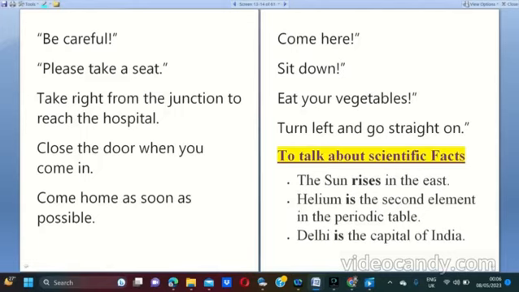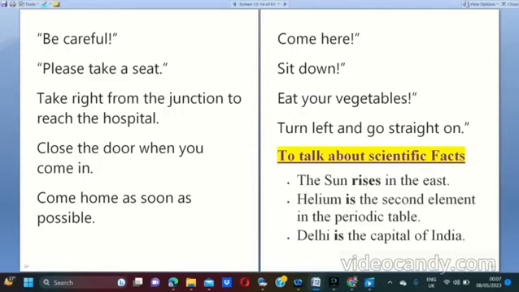Close the door when you come in. Come home as soon as possible. All these instructions begin with a verb, so they become orders, requests, directions, instructions. Come here, sit down, eat your vegetables, turn left and go straight on. All these are instructions. Giving instructions and directions, they both use simple present tense.